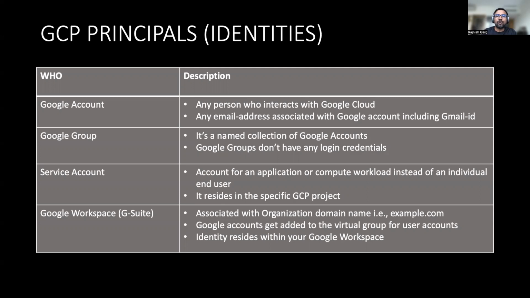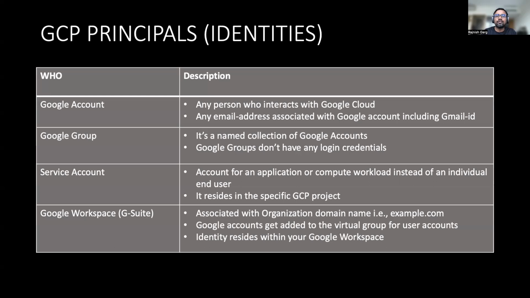The second one is called Google Groups. It is nothing but a collection of multiple Google identities or accounts. Kindly note that Google Groups doesn't have any login credentials at all, compared to Google users.